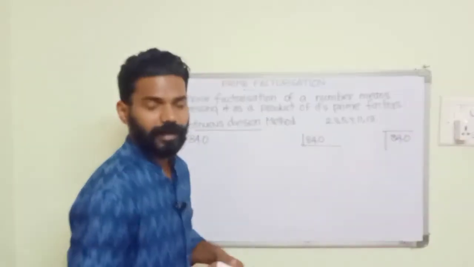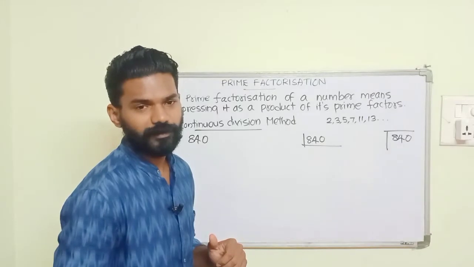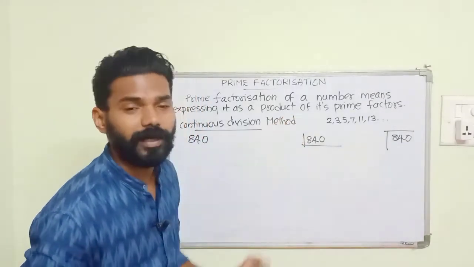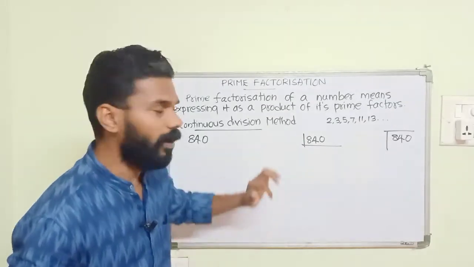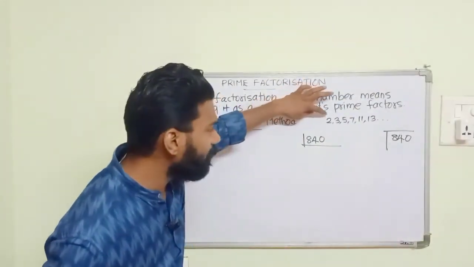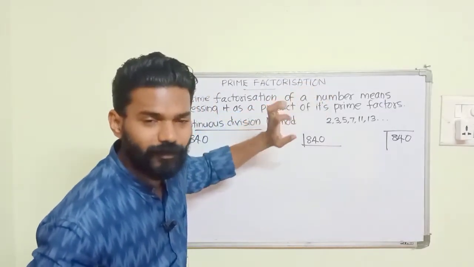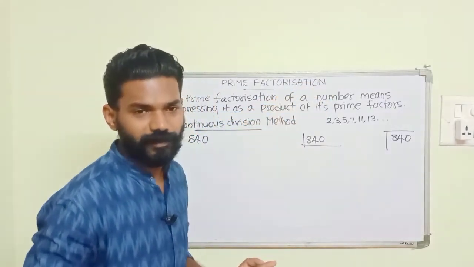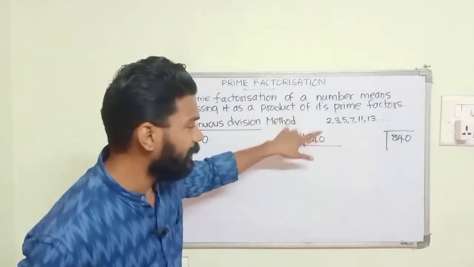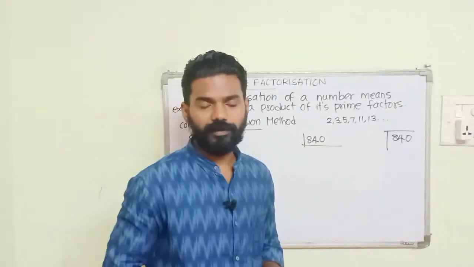Now we want the divisor. Actually we would divide this number 840 by the possible prime numbers. So we shall begin with the smallest prime number. That will be the better thing. So let us check whether this 840 is divisible by 2 or not.